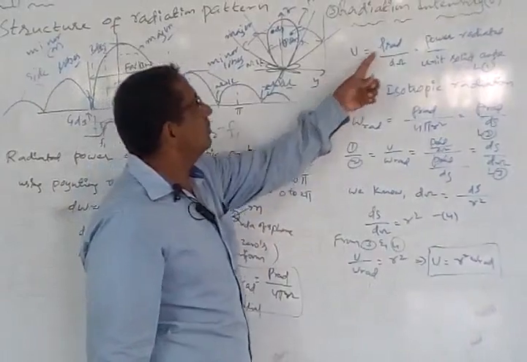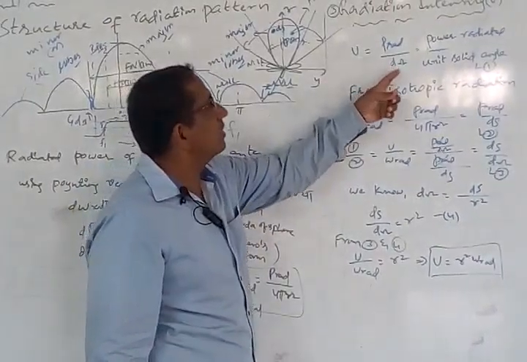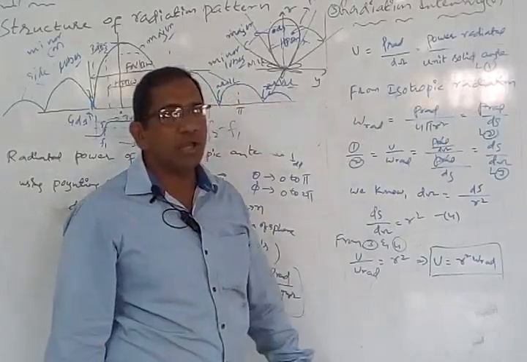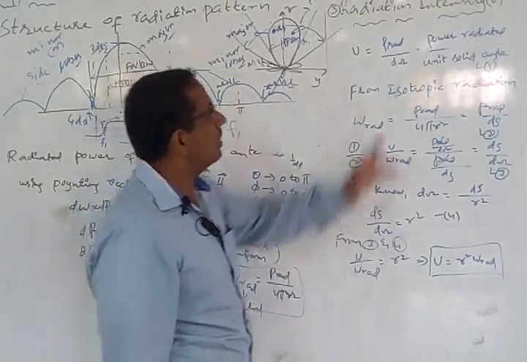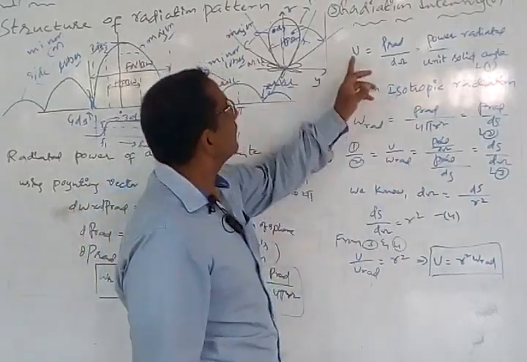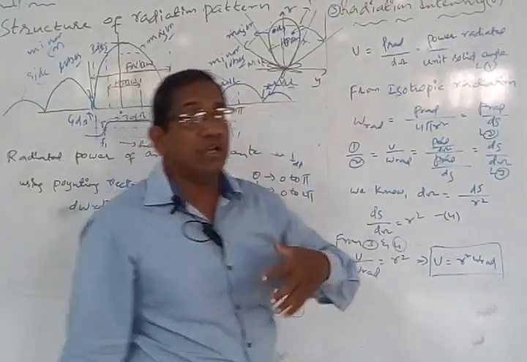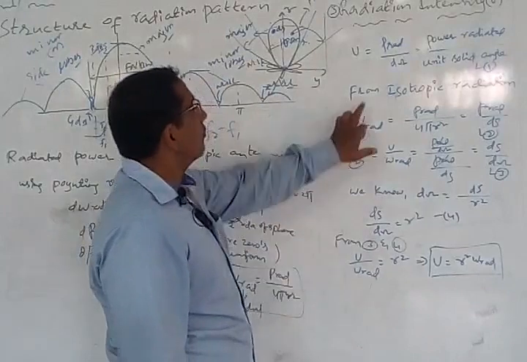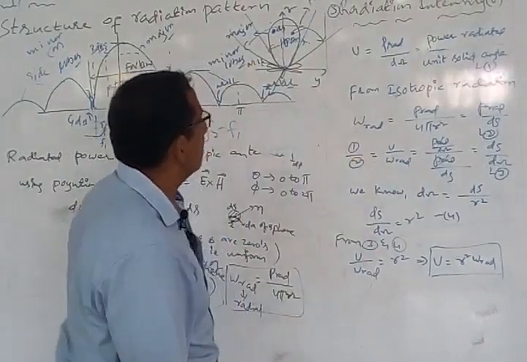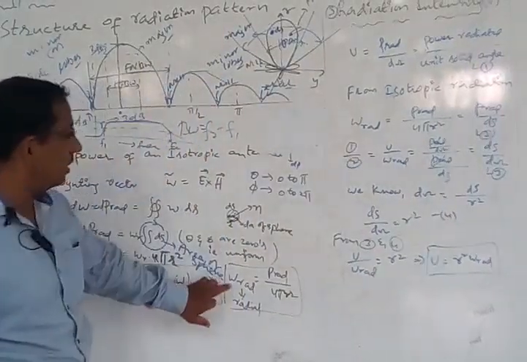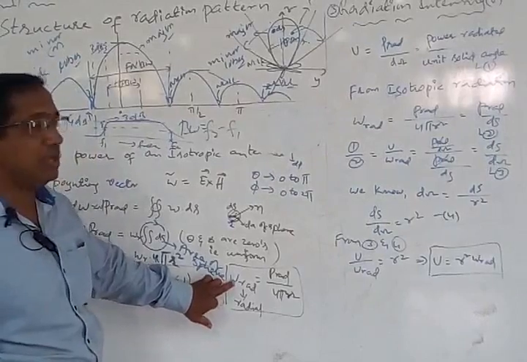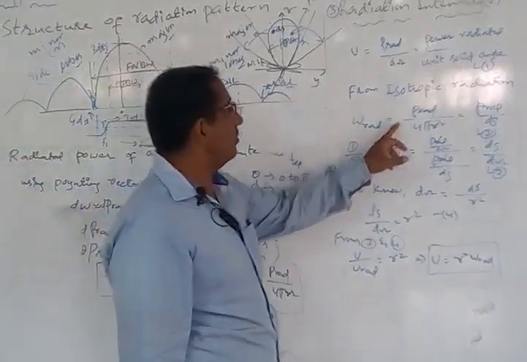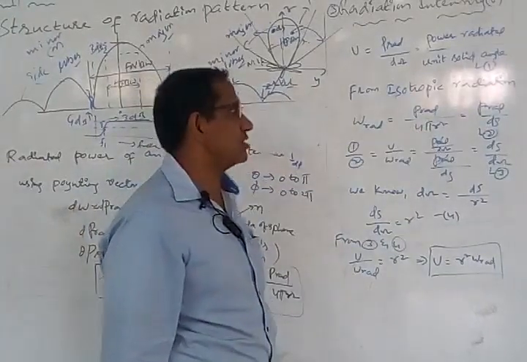Now U is equal to P radiation by unit solid angle. It is the ratio of power radiated by a transmitting antenna to unit solid angle, known as the radiation intensity parameter of an antenna. Now from the isotropic radiation, we have already got a radial power from a differential surface area: W rad is equal to P radiation by 4 pi r square.